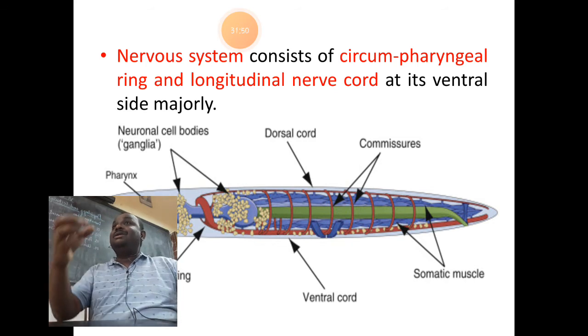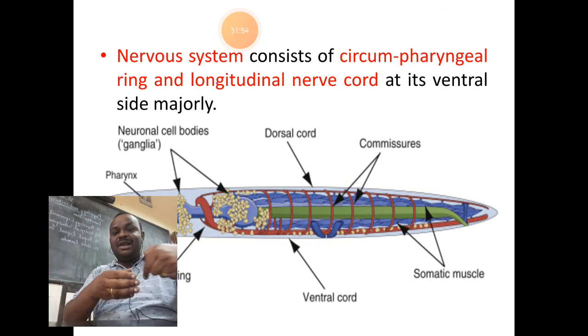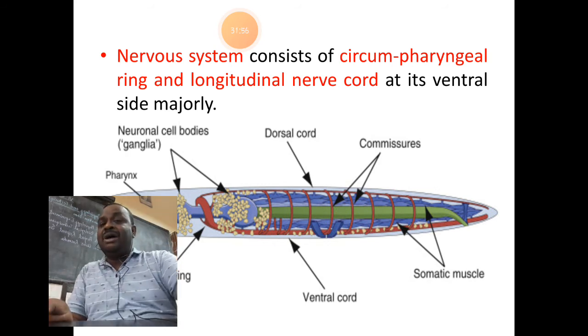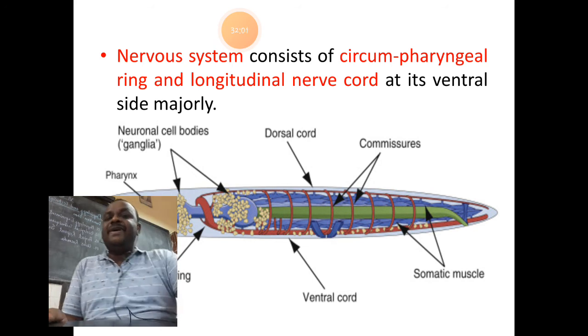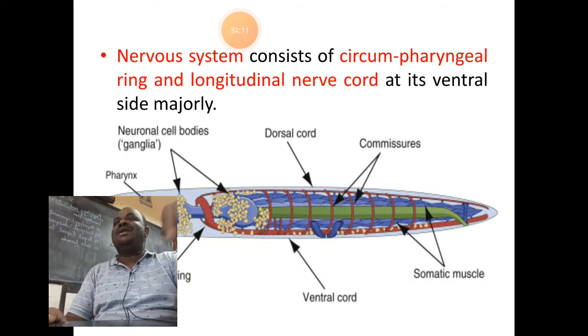Here, the nematodes have a round, ring-like brain. It is called the circumpharyngeal ring, nothing but the brain structure. Circum refers to round, pharyngeal refers to the pharynx, ring refers to again a circular structure.